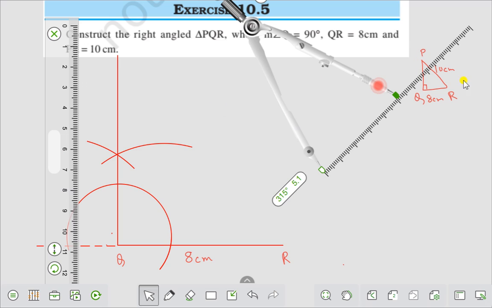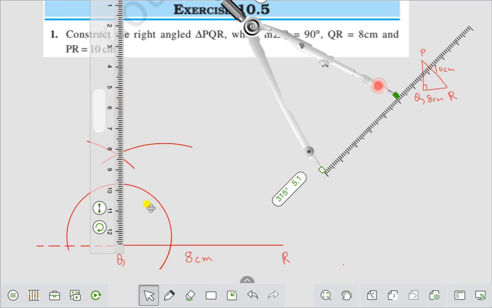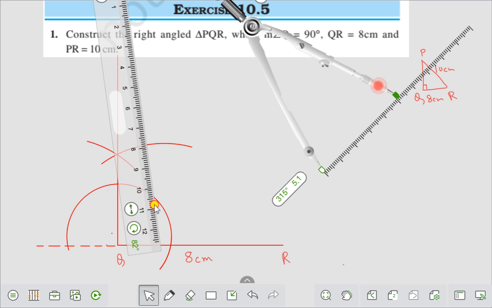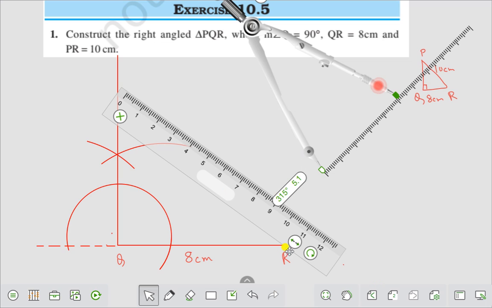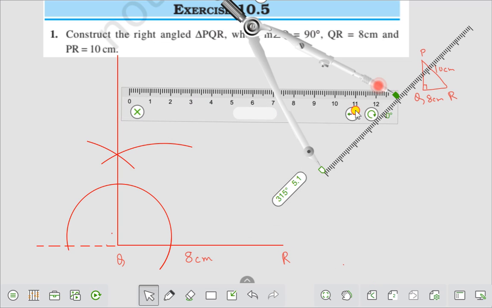Now you have to take 10 centimeters RP. This is R. Now again we will take 10 centimeters, right? Let us take 10 centimeters here.